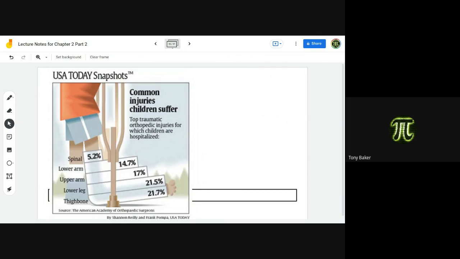So let's look at just the first one. 5.2% have spinal injuries. If I'm looking at this graph and I don't really read everything else around it, I'm like, oh my God, 5% of kids have spinal injuries? No. It's only 5% of kids with traumatic orthopedic injuries, which are hospitalized, have spinal injuries. Not 5% of all children.